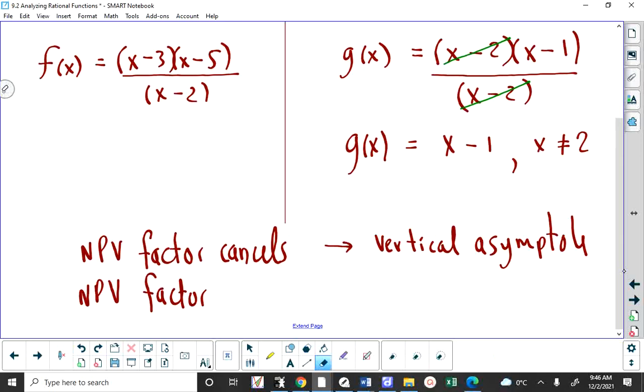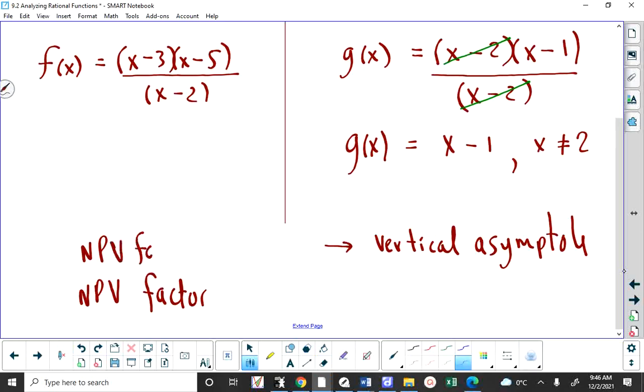My mistake. If the factor doesn't cancel, you get a vertical asymptote. If the non-permissible value factor stays, you get a vertical asymptote. If it cancels, you get a hole. Sorry about that.